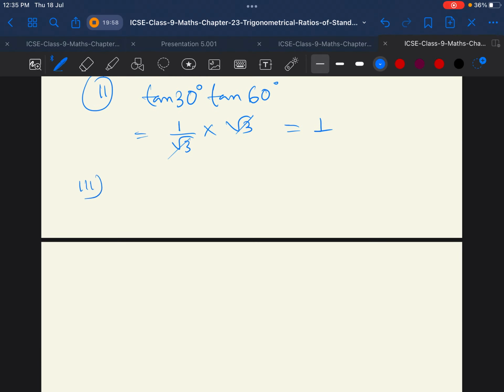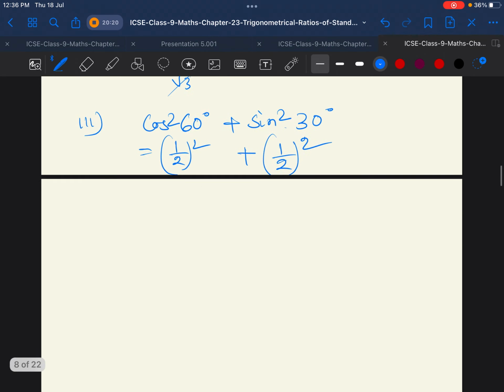Now question number 3, cos square 60 degree plus sin square 30 degree. Cos 60 we know is 1 by 2 whole square plus sin 30 we know is 1 by 2 whole square.